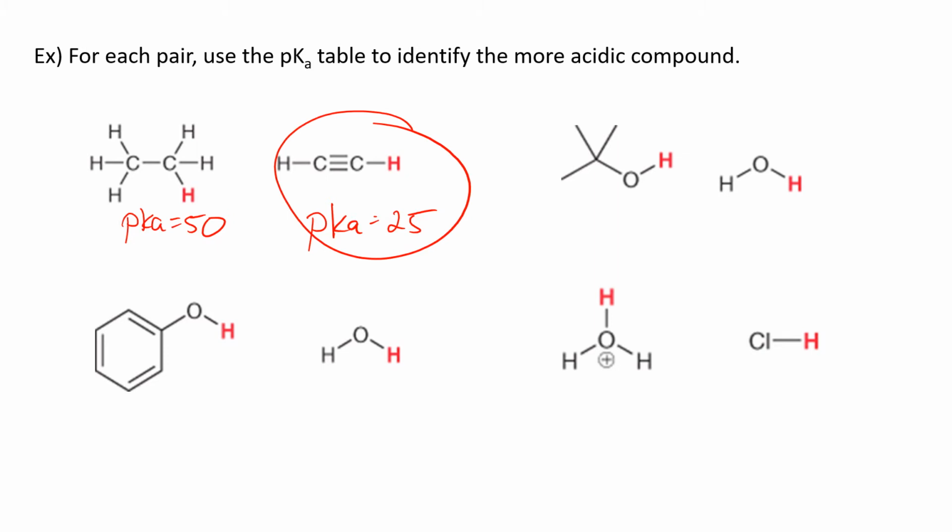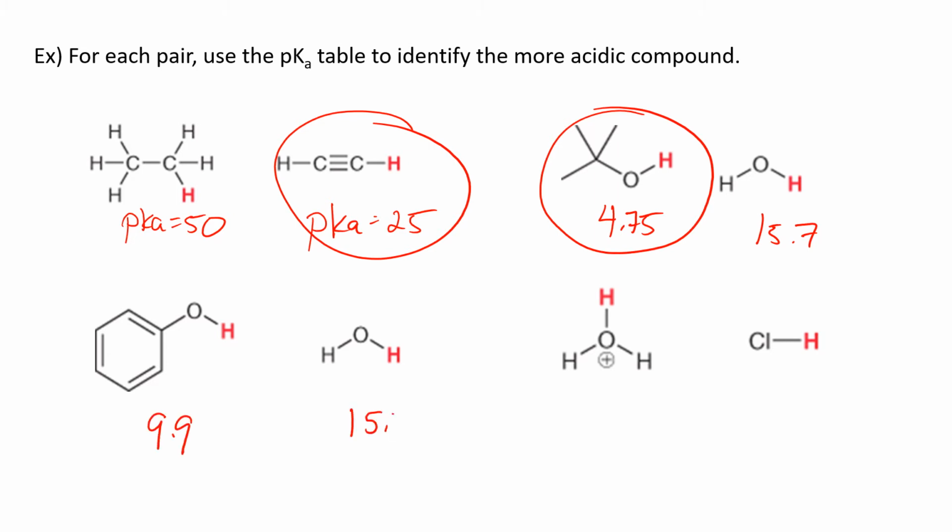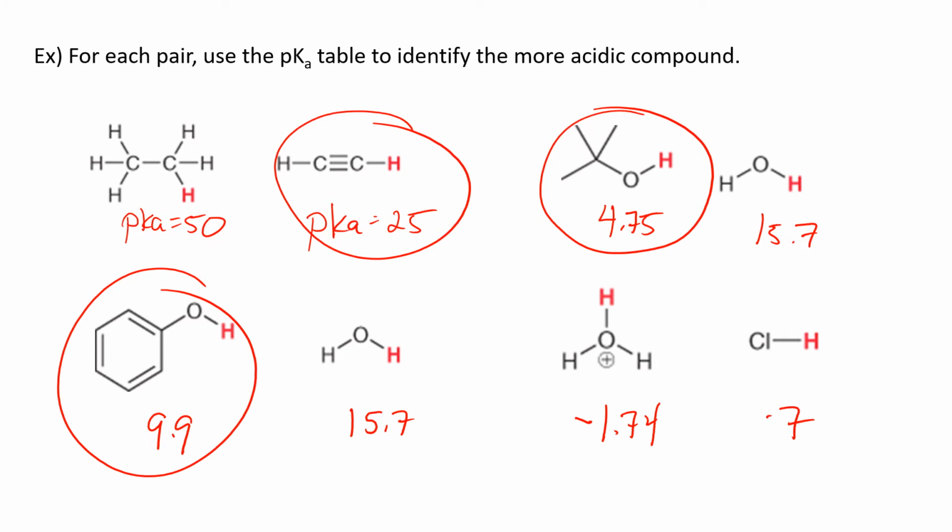All right, for our next one, we have 4.75, and water was 15.7. So this happens to be the more acidic compound. The next one, pKa is 9.9, water was 15.7, more acidic compound. Hydronium is -1.74, and HCl was -7. So that is a lower pKa. HCl is more acidic.